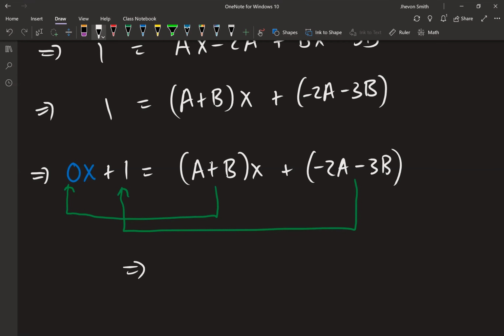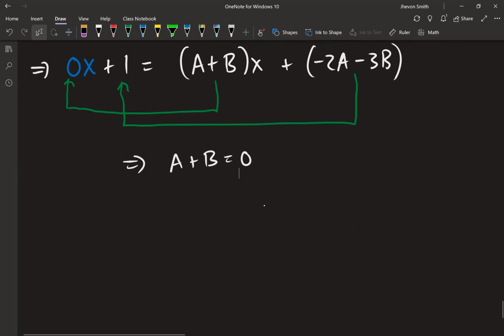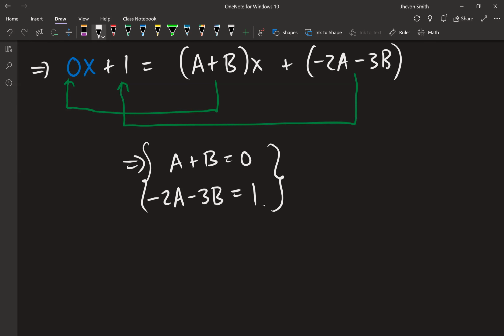This allows me to set up a system of equations. a plus b must be equal to 0. And at the same time, minus 2a minus 3b must be equal to 1. This is a system of equations, and again, it's a throwback to algebra class. You have to learn how to solve that. There are multiple ways to solve this. You can multiply the top equation by 2.